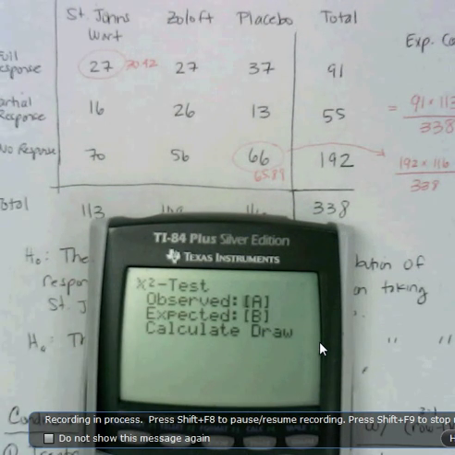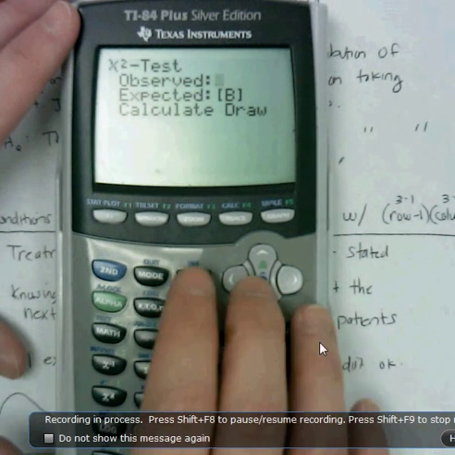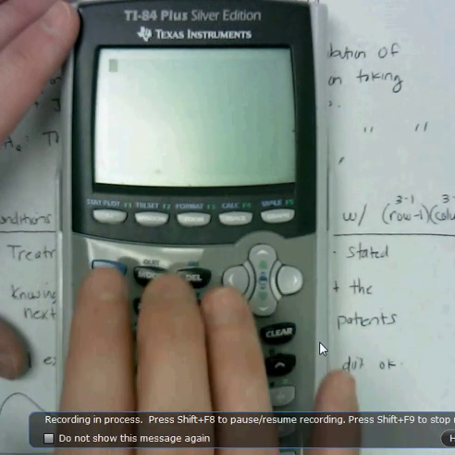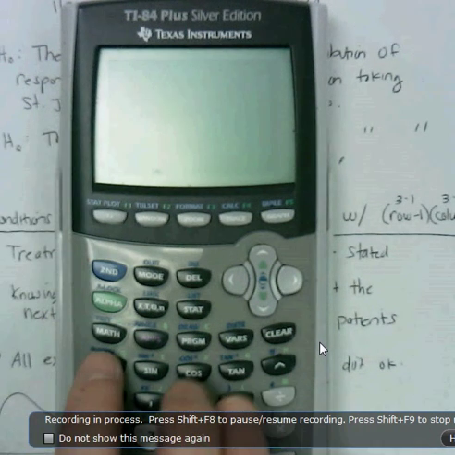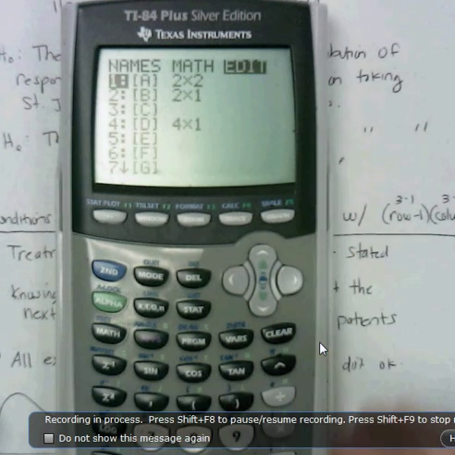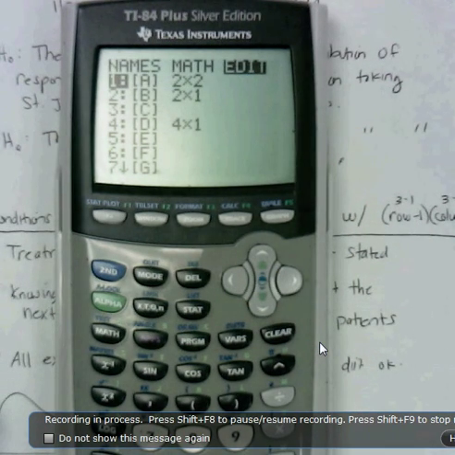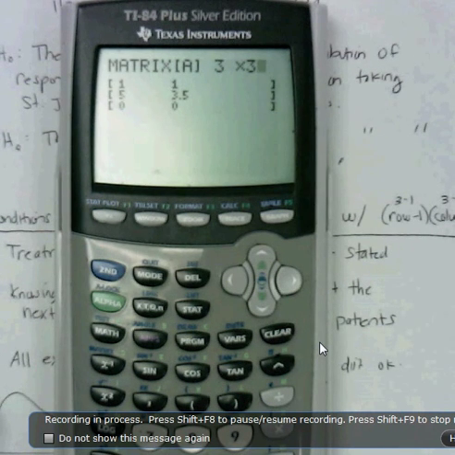So we have to go into our matrices. And so let me show you how we're going to enter that. Okay, so second matrix, and it's right under the math button. We're going to edit it. So arrow yourself over to edit, press enter. We have a 3 by 3, don't include the totals.